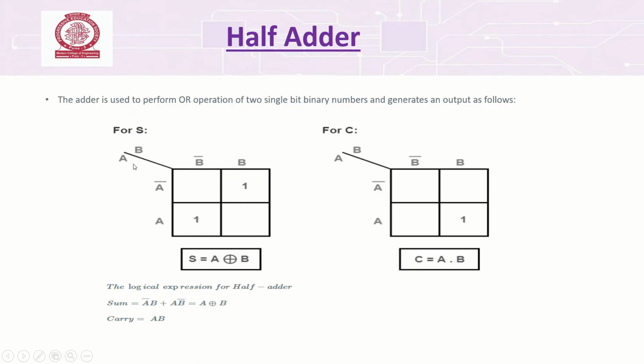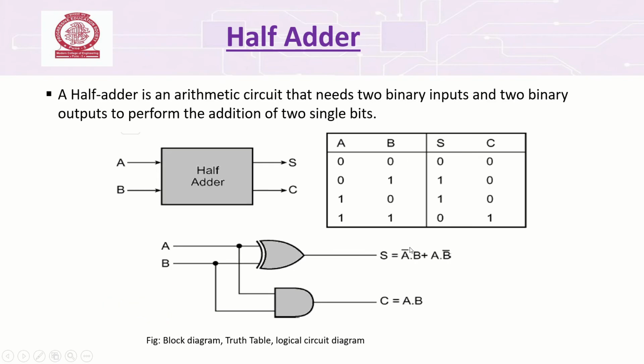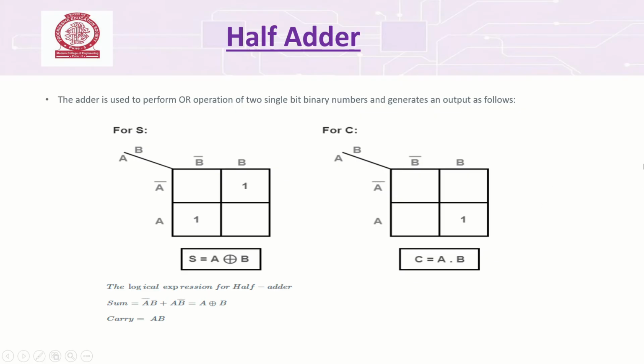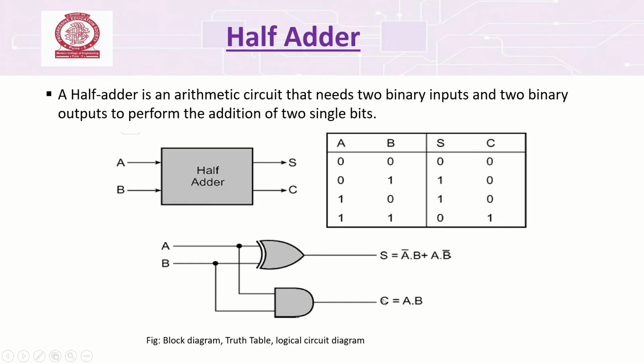The equation we get from this K-map for sum is A XOR B. For carry, the output column is 0 0 0 1, so depending on the truth table output we draw the K-map, and the equation we get is A multiplied by B. By reducing it, we will draw the combinational circuit. So how will it look?